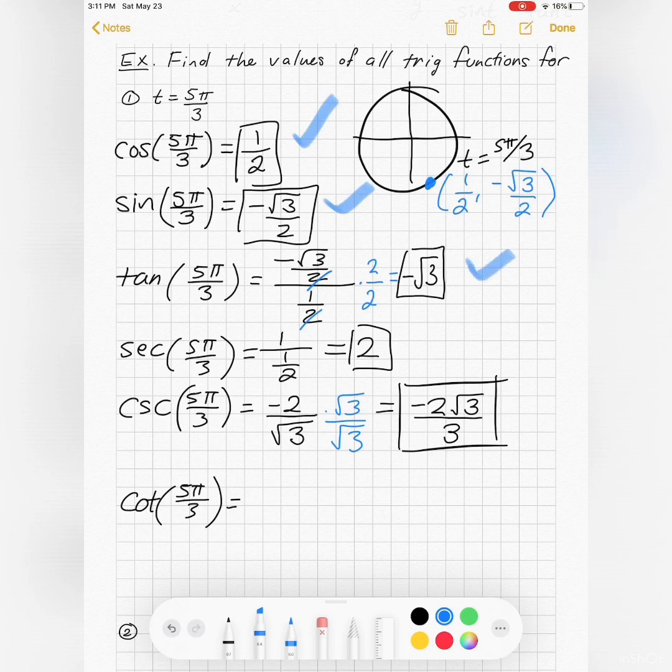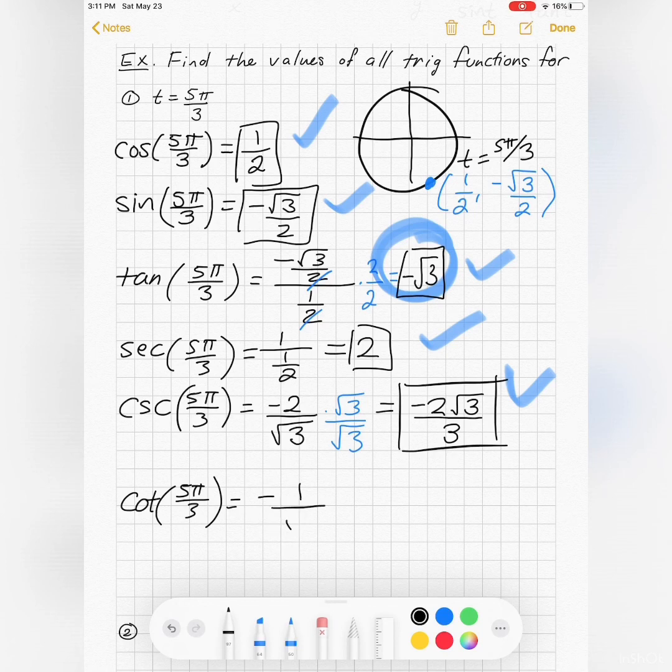Let's see, 1, 2, 3, 4, 5. Oh, we still need to do cotangent. I have a couple ideas. I could set up cosine over sine. That's one thought. Or I could say, if I've already found tangent, cotangent is the reciprocal. That's going to be a little bit faster.